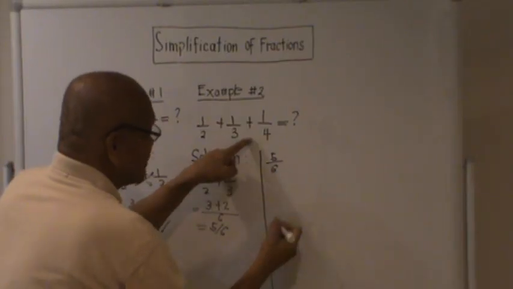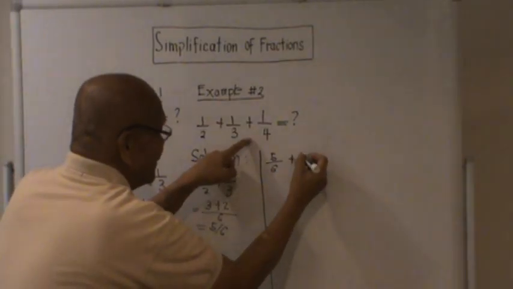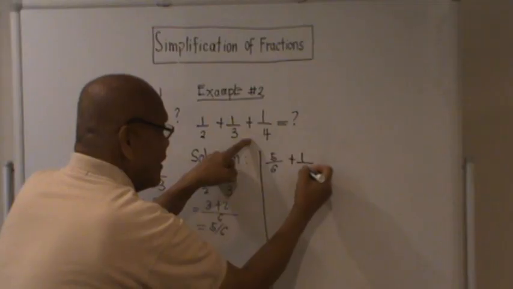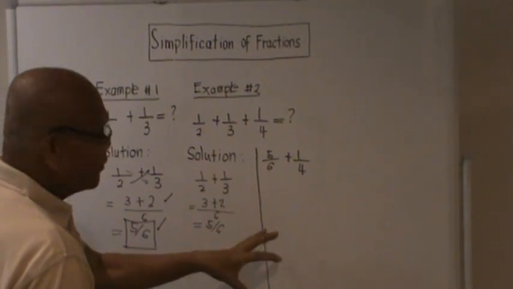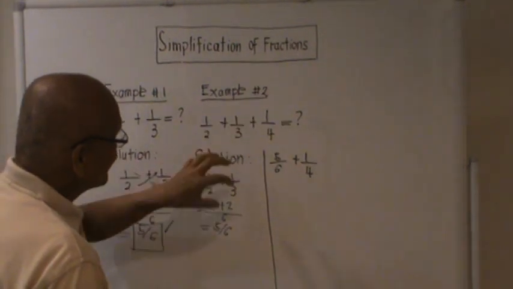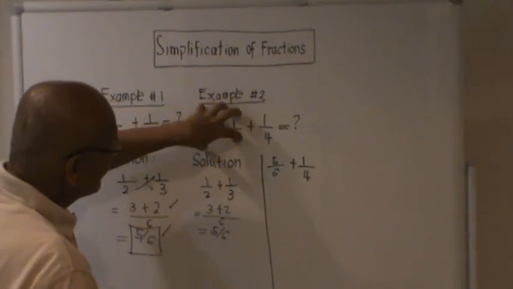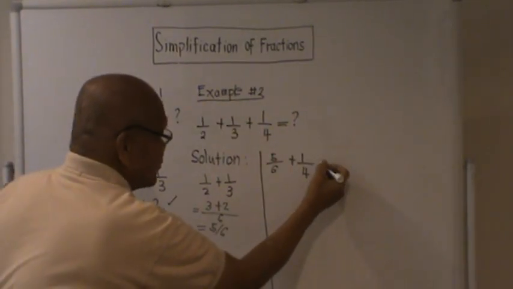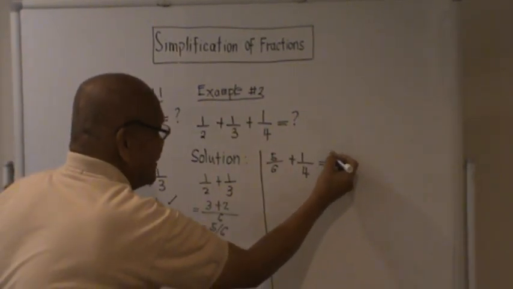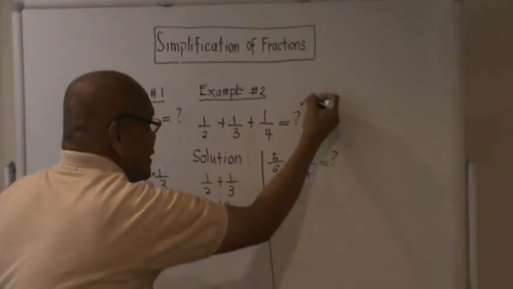Right? Plus 1/4. Okay? So actually it seems we are already adding the 3 fractions because we now know the single equivalent of this to be 5/6. So what will be the outcome now? That's the one being asked over here.